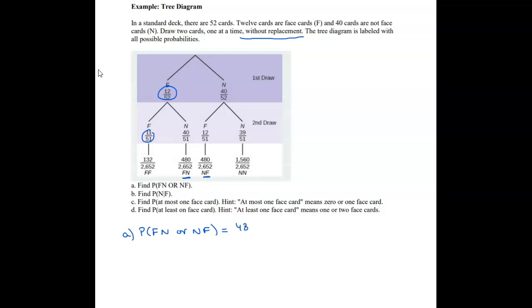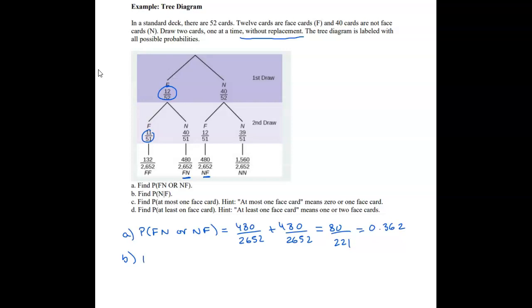So we're just going to add the 2 probabilities at the bottom. Okay, so we get 480 plus 480 divided by 2652, and it gives me 80 over 221, in decimal form, 0.362.